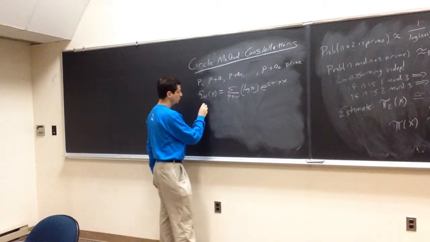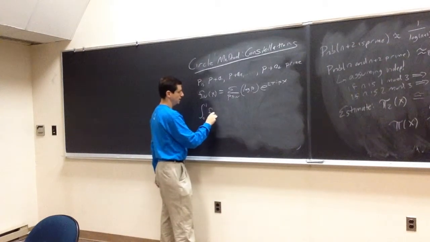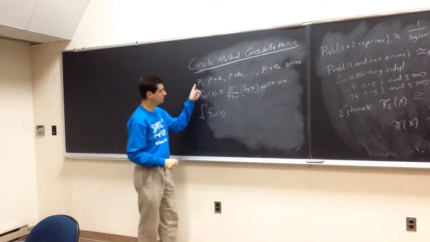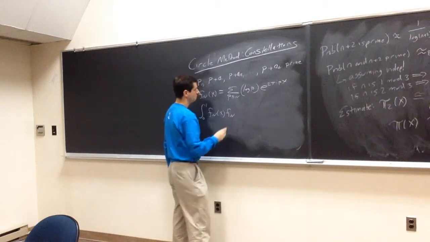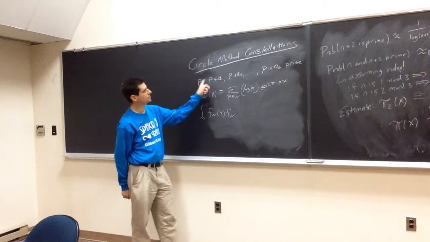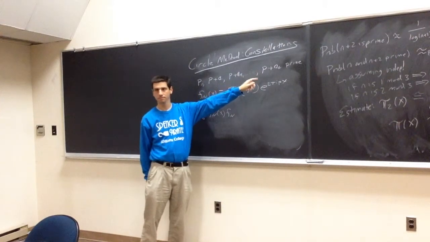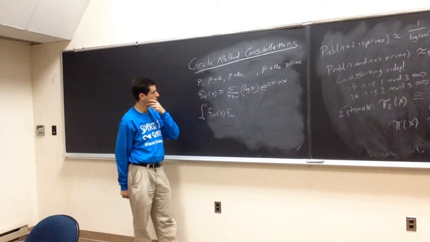And now we would integrate from 0 to 1 fn of x, so that would give me my p. Now if I want to take the sum of all of them, let's see, how do I want to do this?